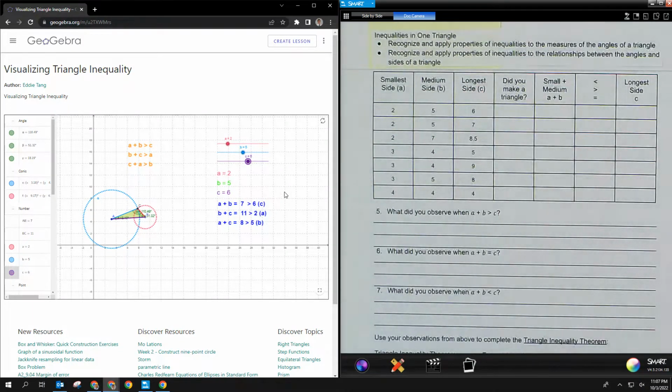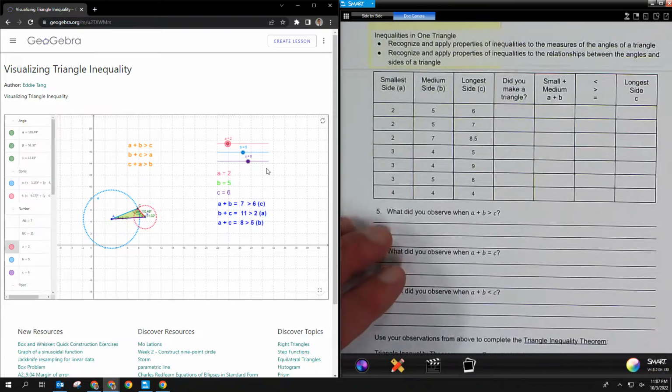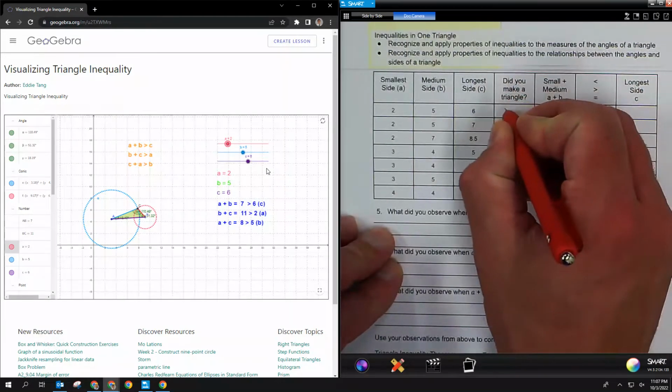So the first one we have here says A, make 2. So we change this slide bar. We make that 2. We make B 5 and we make C 6. So on the chart over here, it says it doesn't make a triangle, and in this case, it does make a triangle. So yes, it did make a triangle.